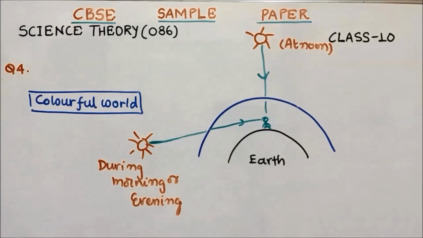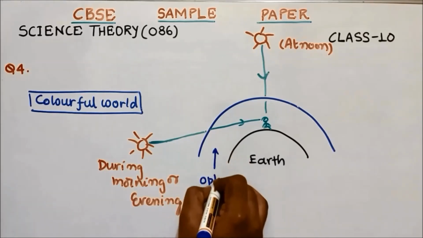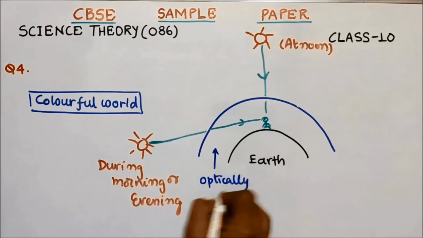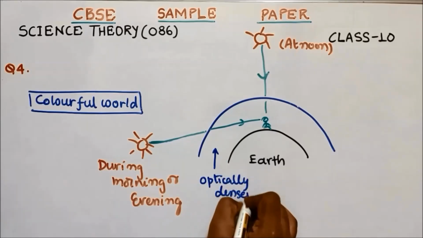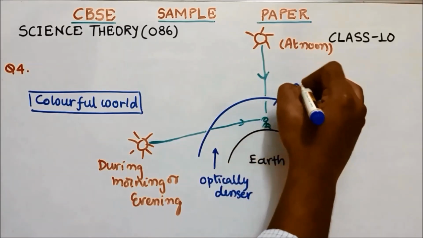And another point which you should understand is, the atmosphere near the horizon is optically denser compared to the atmosphere overhead.